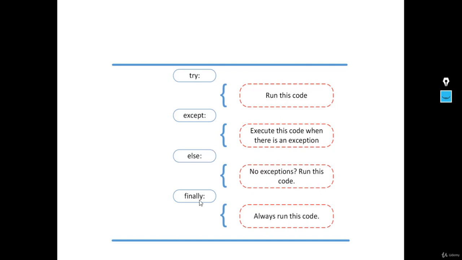But the code inside this finally block is always going to run independent of any exception. So let's take an example of how this finally block code is going to run, independent of any exception. We basically have to run this code always, no matter how the exception is caught in the except block. So let's take the example and get a good grasp of how finally works in exception handling.